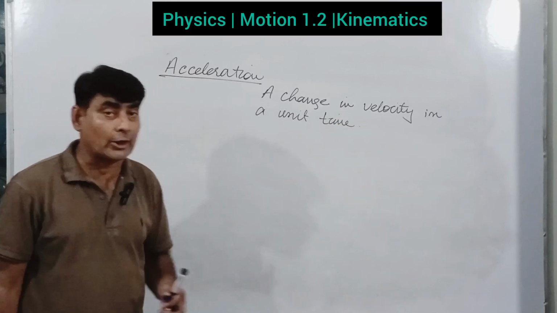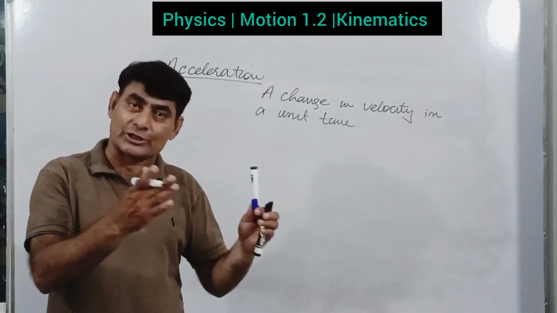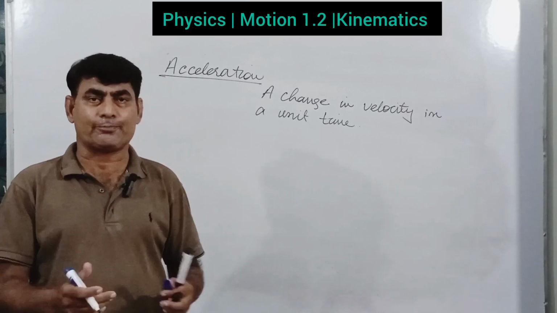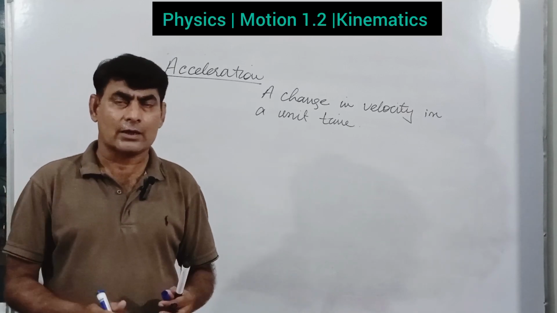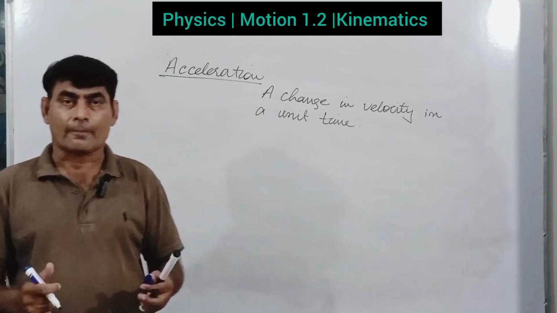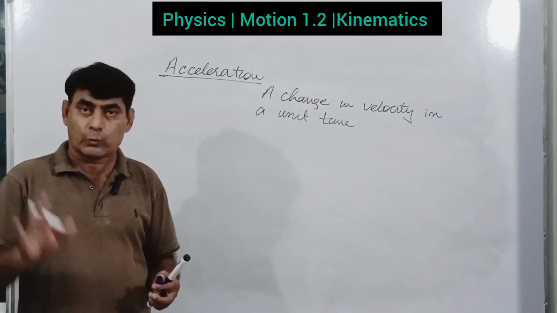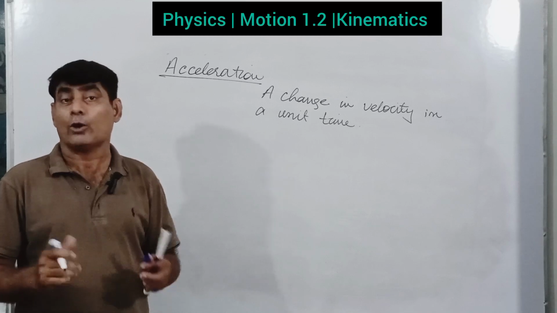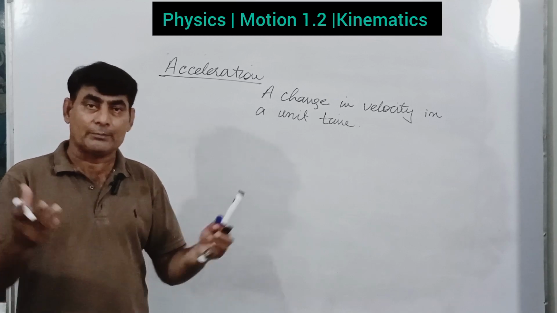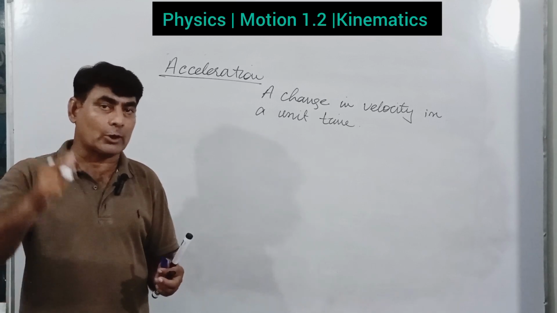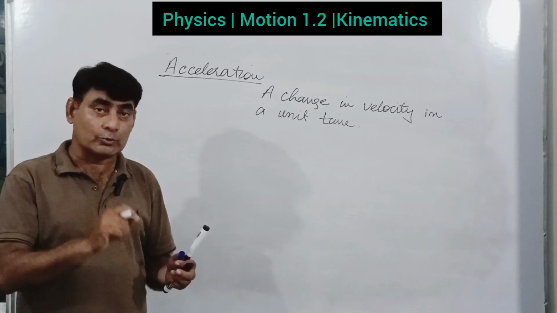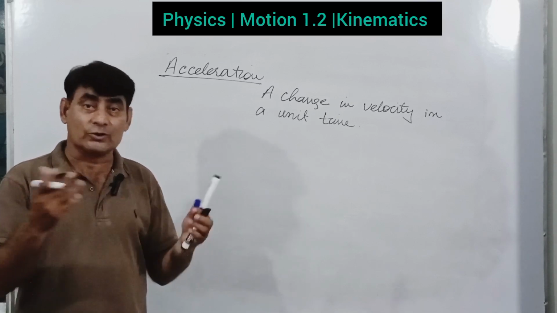So how much time is required in which there is a change in velocity? Let's suppose the speed of a vehicle is 30 meters per second, and after 20 seconds we accelerate the car, and now the speed becomes 50 meters per second. How much time is required to change from 30 to 50?